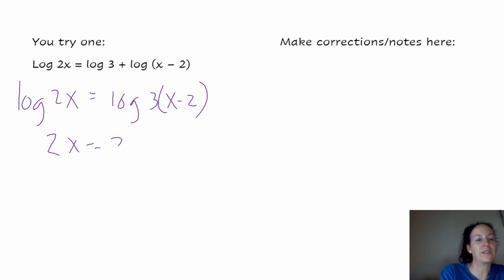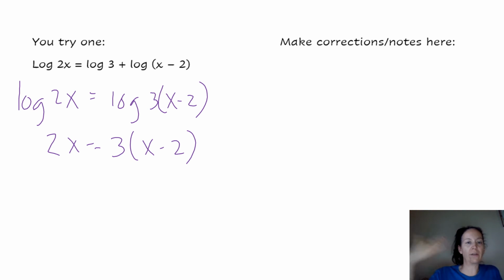And one of the things that you can see, I hope, about these lessons is you can see how the skills build. So in order to solve it this way, you have to know the basic strategies that were taught in the previous lesson. In order to be able to collapse the logs, you have to know the properties of logs.